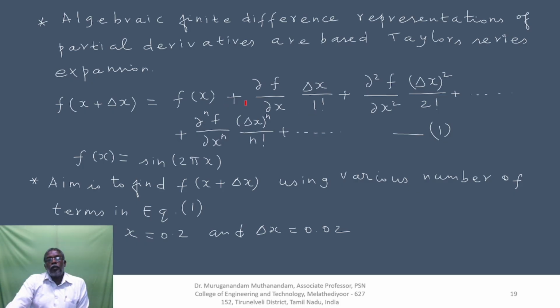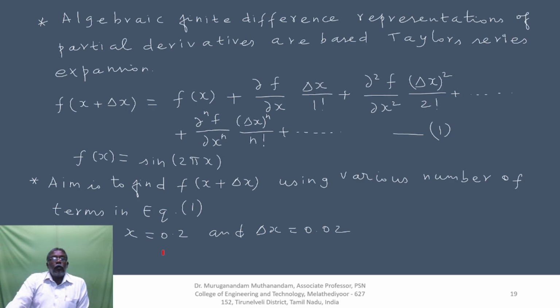If you use the first three terms and neglect all terms from the fourth term onward, and calculate the sum of these three terms, what will be the value of the left hand side? Like this, we take various numbers of terms on the right hand side of the first equation and find out the value of the left hand side in equation 1. That is the aim, based on which we arrive at the accuracy in each and every case.